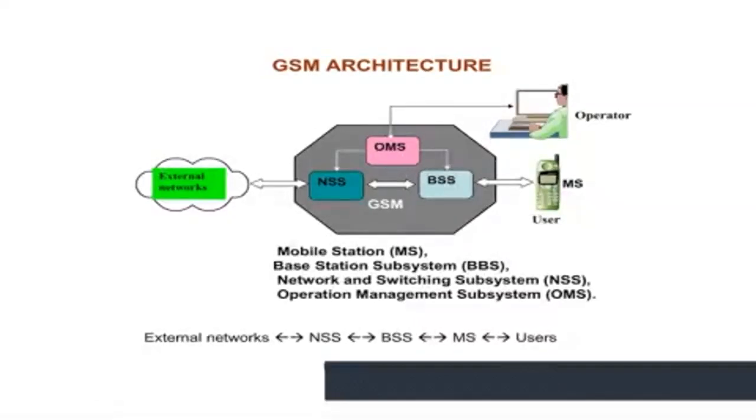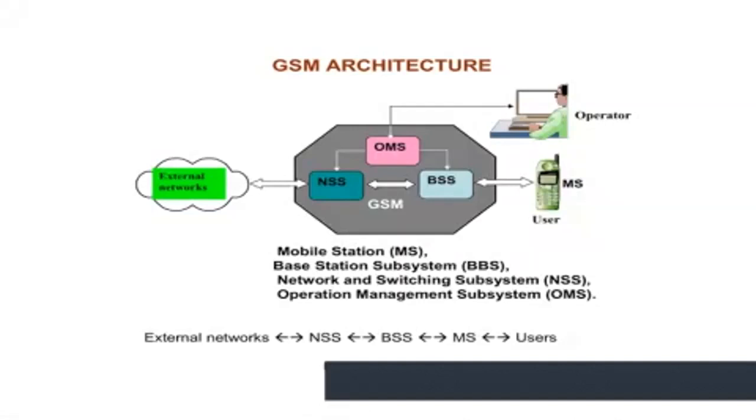I think I have already explained the full form of GSM. It is Global System for Mobile Communication. GSM is a digital mobile network widely used by mobile phone users in Europe and other parts of the world. GSM uses a variation of TDMA, as I have explained earlier.